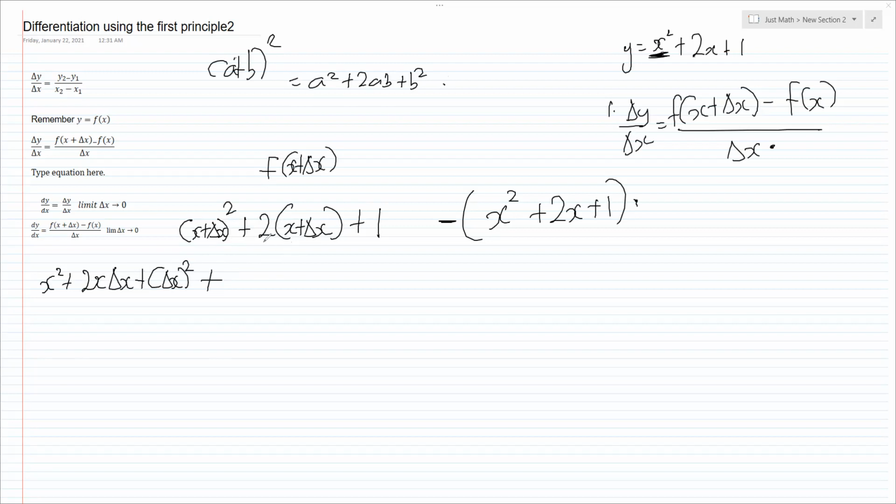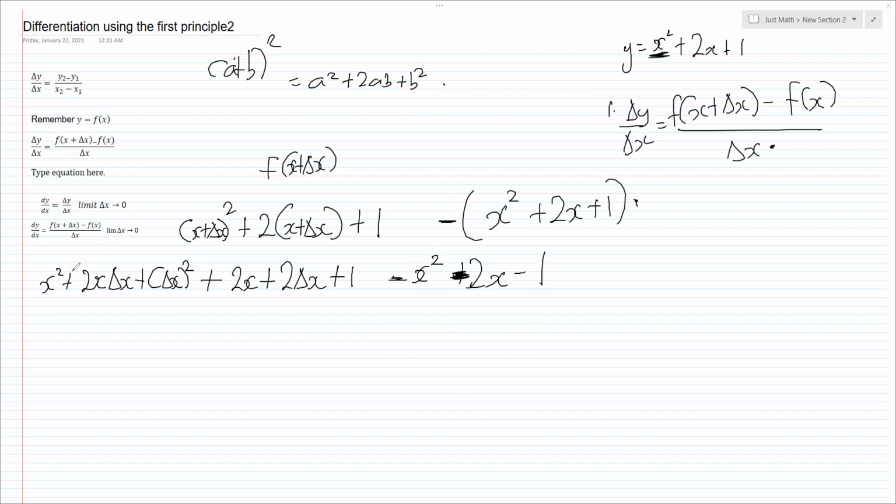Let's continue. 2 times x, we have 2x plus 2 delta x plus 1, minus. Let's open the bracket quickly. All positive signs will change to negative, because there's a negative sign before the bracket. So we have minus x squared minus 2x minus 1.